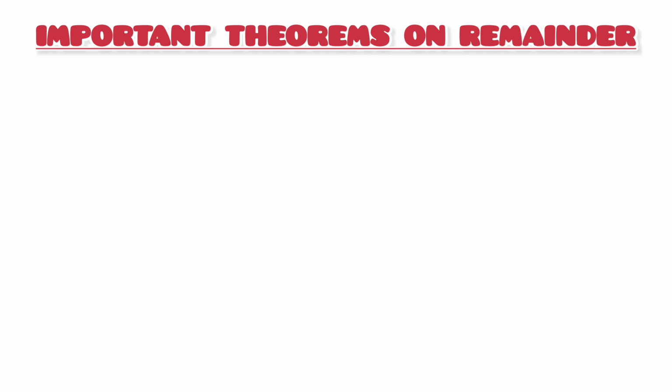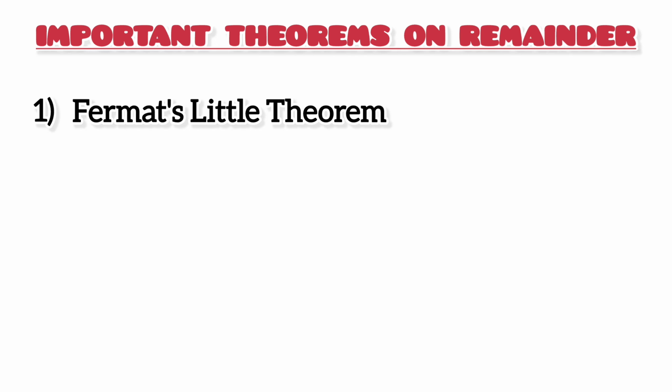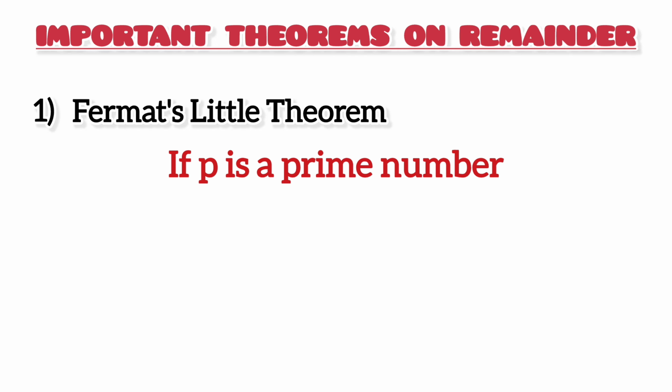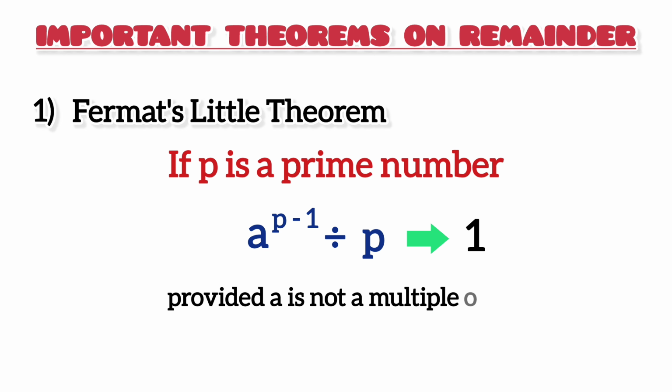Now we are left with some important theorems on remainder that apply to numbers with large powers. First is Fermat's little theorem. If p is a prime number, then a raised to the power p minus 1 when divided by p leaves the remainder 1, provided a is not a multiple of p, because if a is a multiple of p, the remainder will be 0.